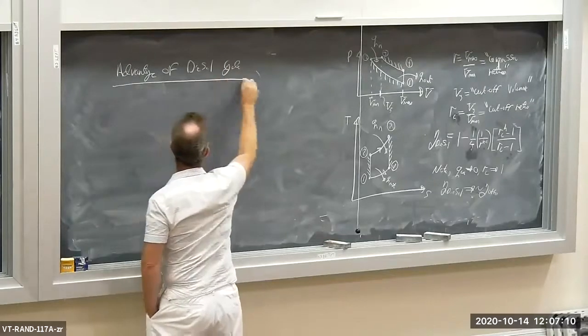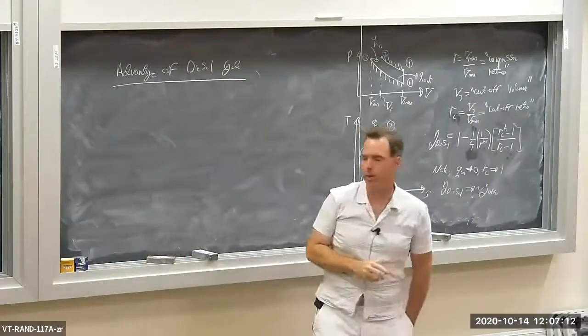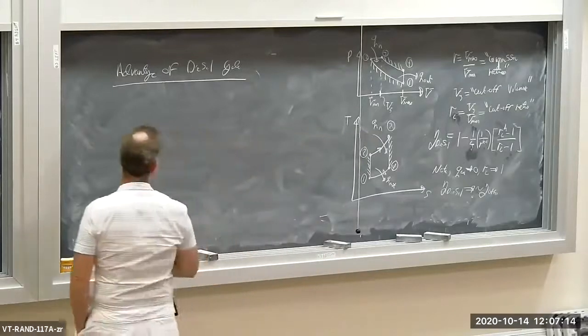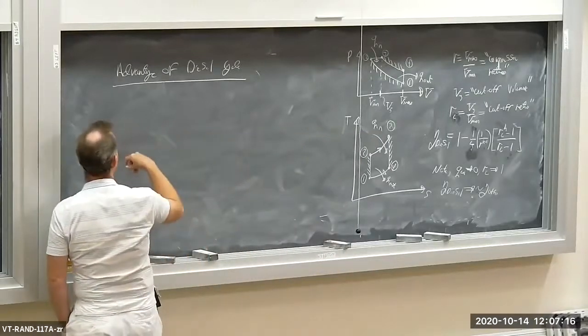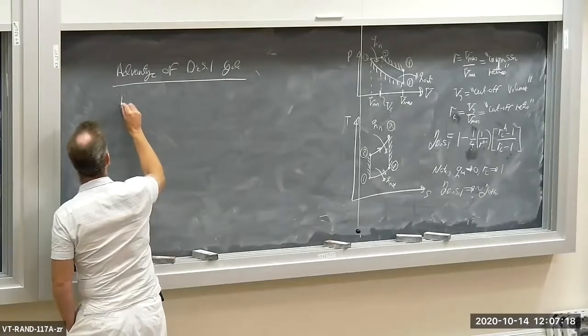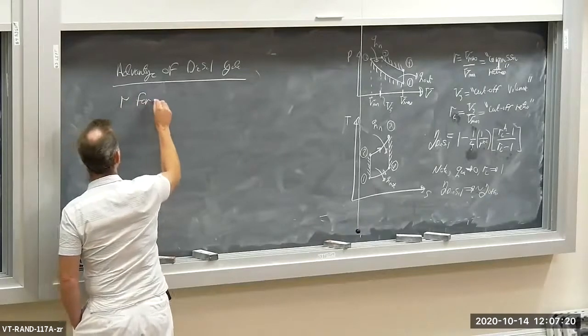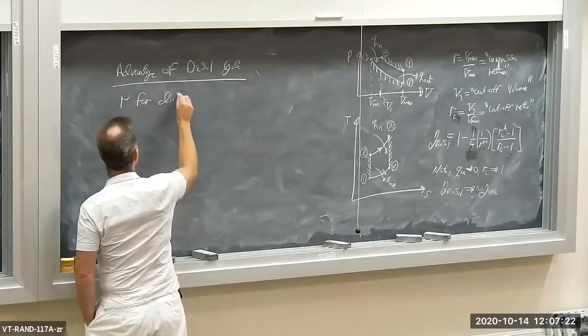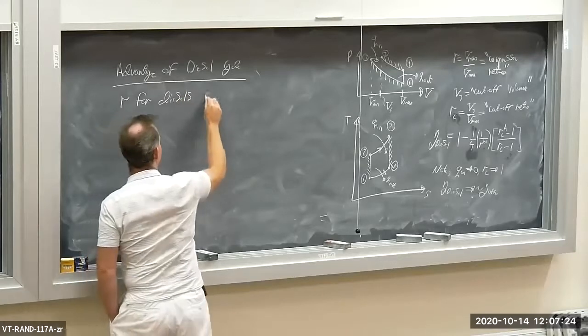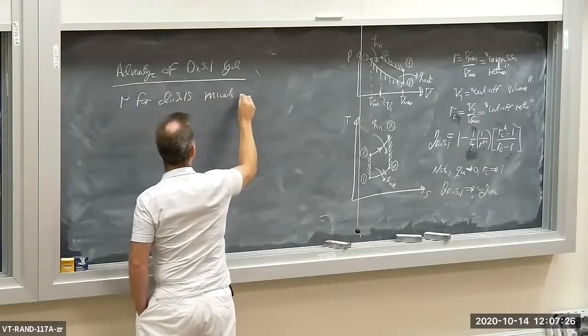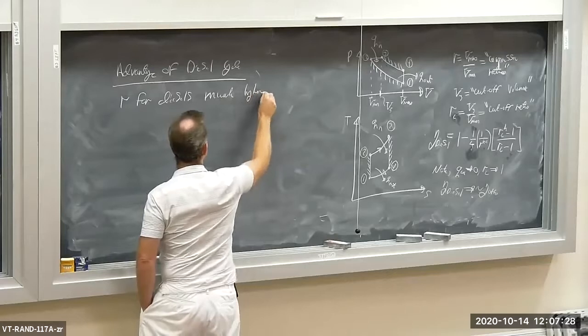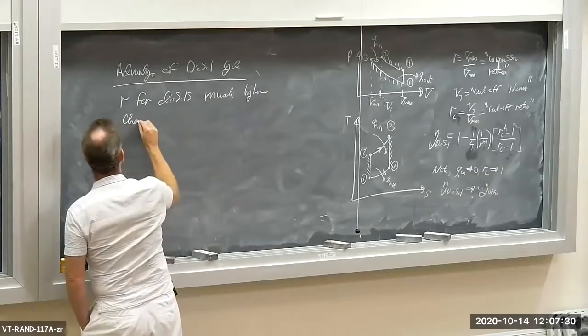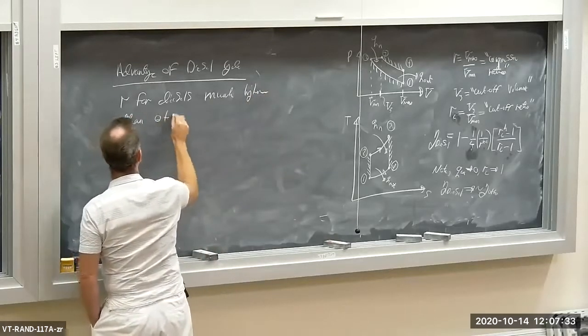The primary advantage for the diesel cycle, pretty much the only advantage, I guess, is you can have much higher compression ratios. So R for diesels, often much higher than Otto cycle.